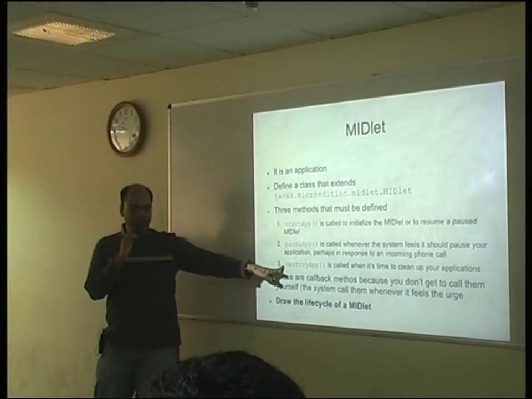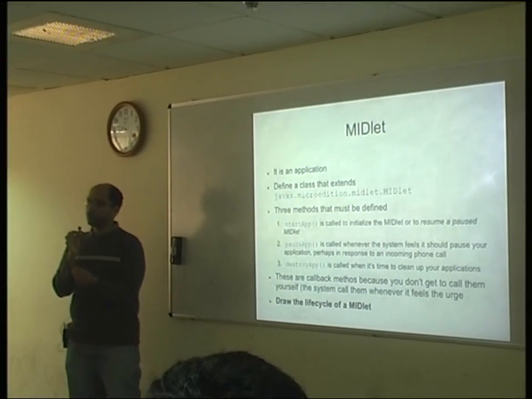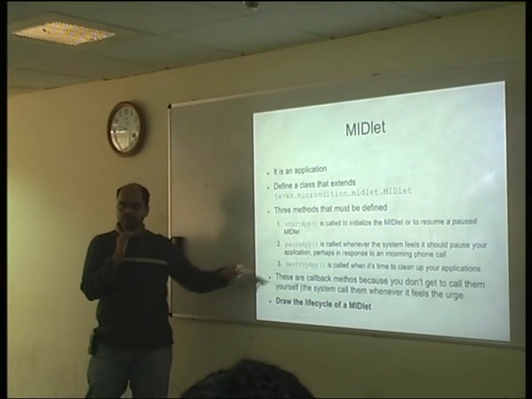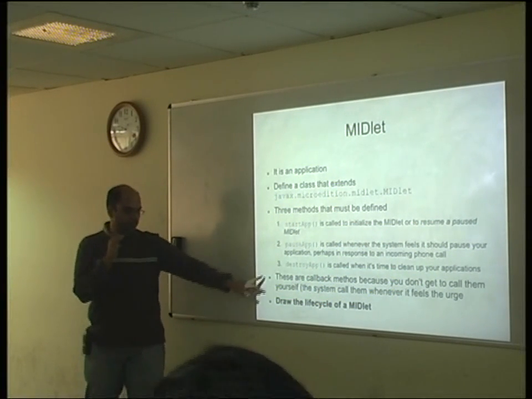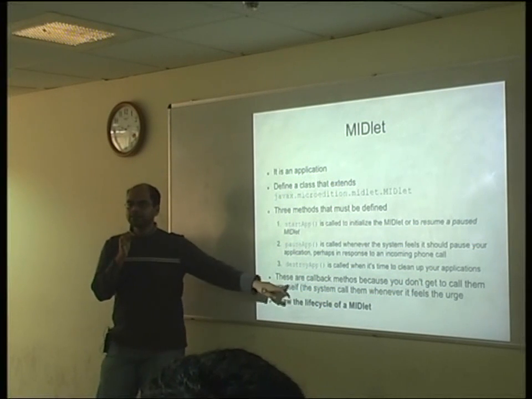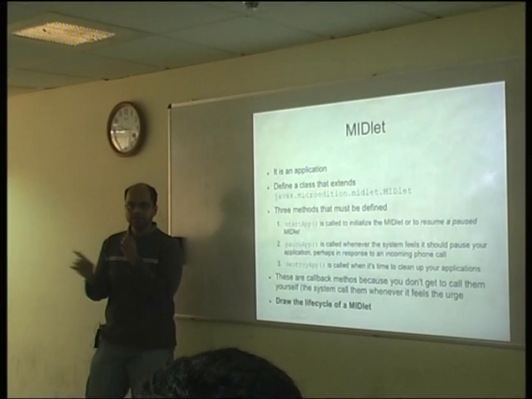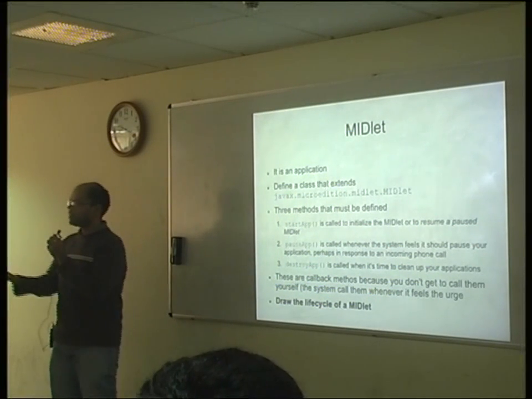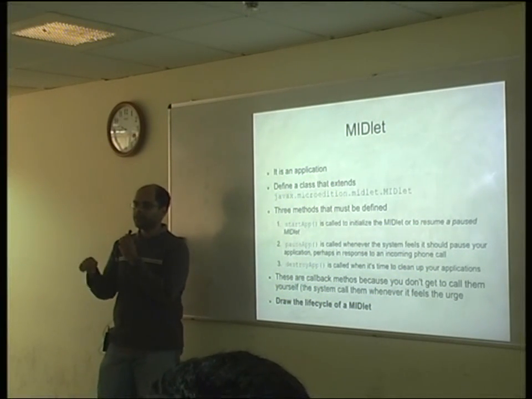At the end, when the user says quit or the operating system wants to quit your application, it will call destroyApp. There is a version of destroyApp, and we'll see the different versions. All of these methods are callbacks. Just like you listen for mouse events, if you have written Java code that handles mouse events, you know that whenever the mouse moves, you get an event.